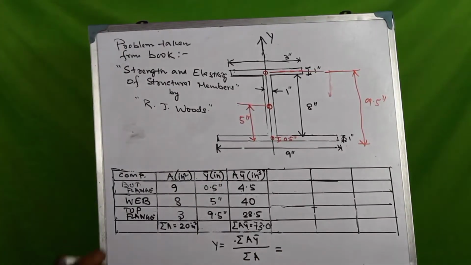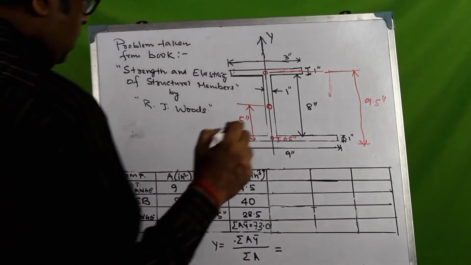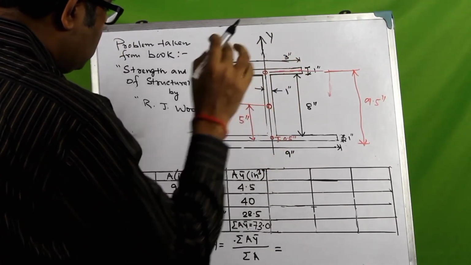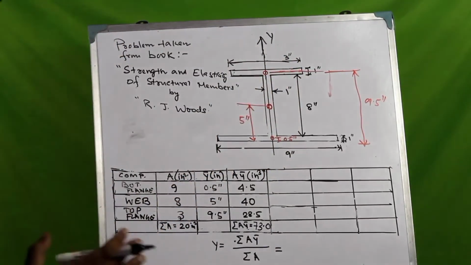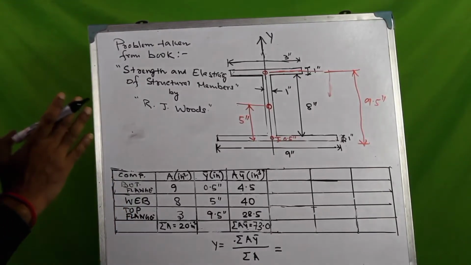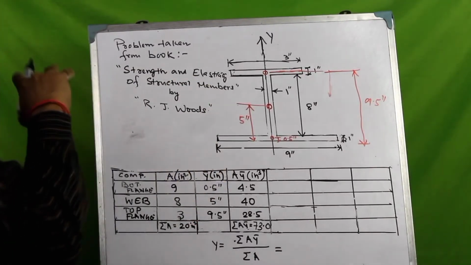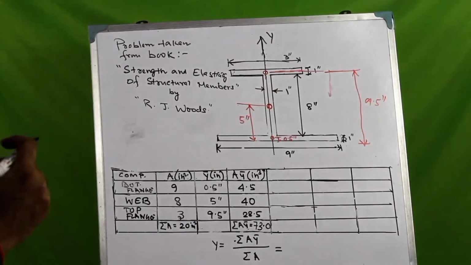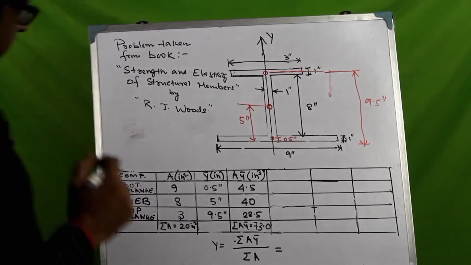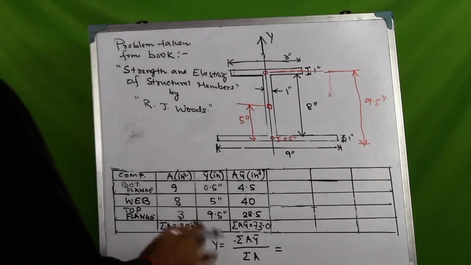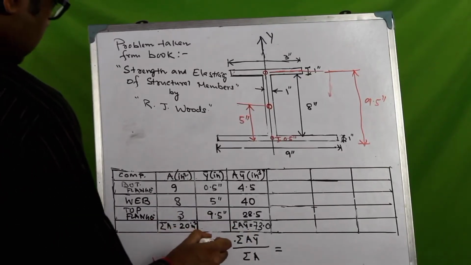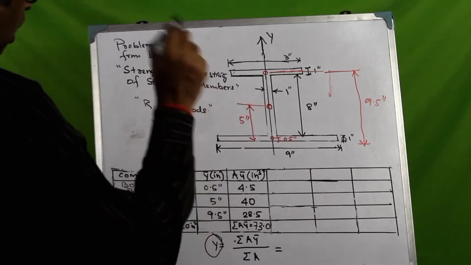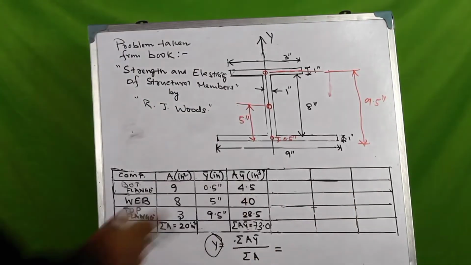So basically what it means is, let me explain that again. The sum of the area times the distance for each component is a principle, a theorem, that this would be equal to the total area of the cross section multiplied by the distance of the centroid from the same point, right? So if we express that and find the value of the distance of the centroid from the bottom of the bottom flange, you will get this expression.